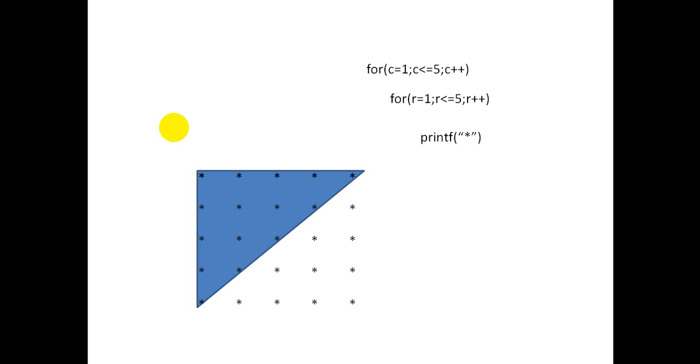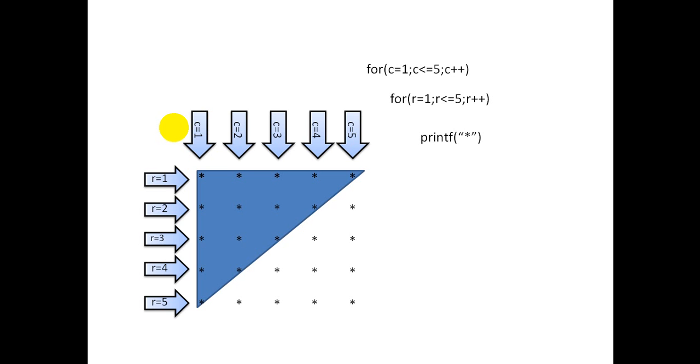If you guys notice, if we divide these stars into rows and columns, in the first row it is printing 5 stars, that is the given number of stars. In the second row it is printing 4 stars, that is 1 less than the given number of stars. In the third it is printing 3 stars, that is 2 less than the given number of stars.